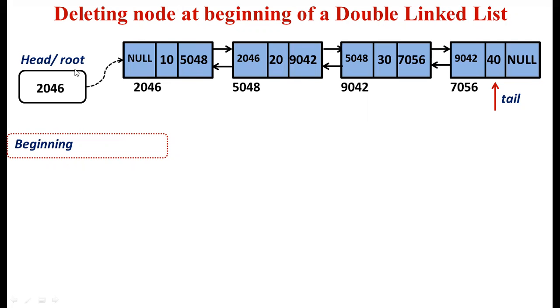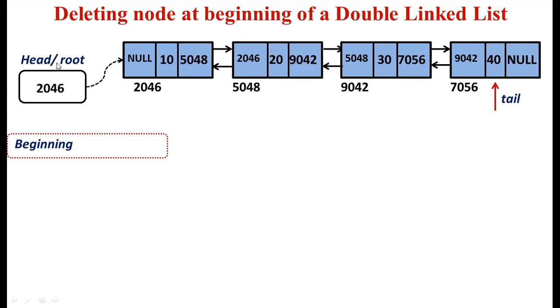The head should point to this particular node. Understood? And the value here should be null because it is not connected to any previous node. So we have to disconnect this connection.